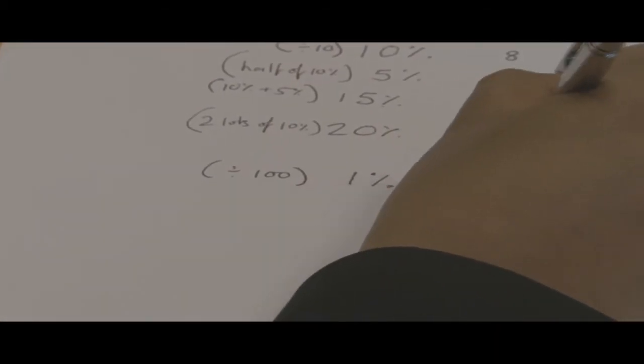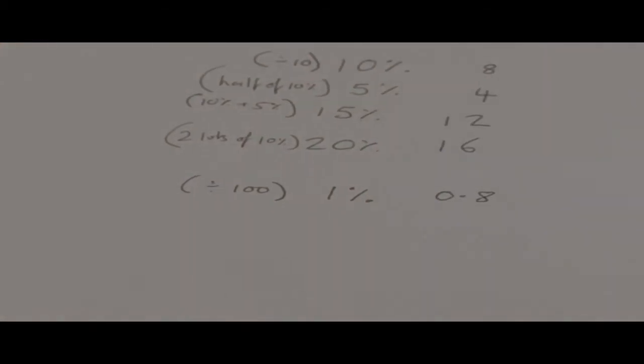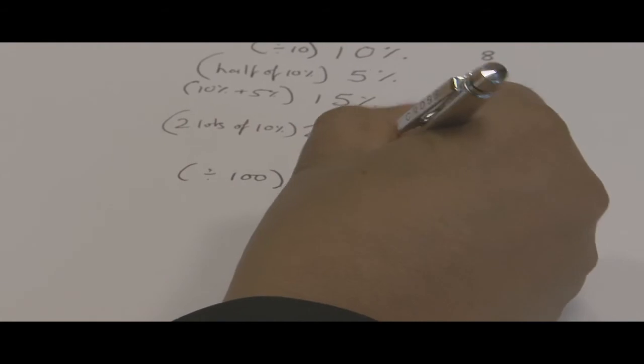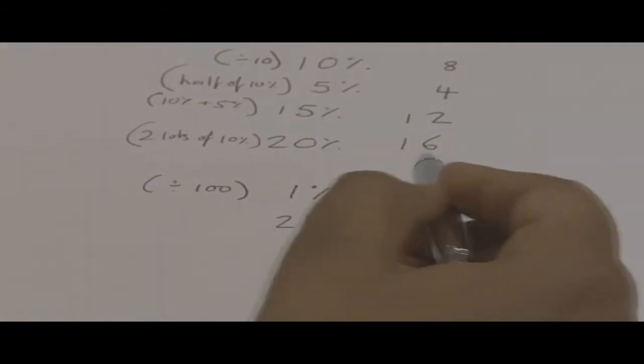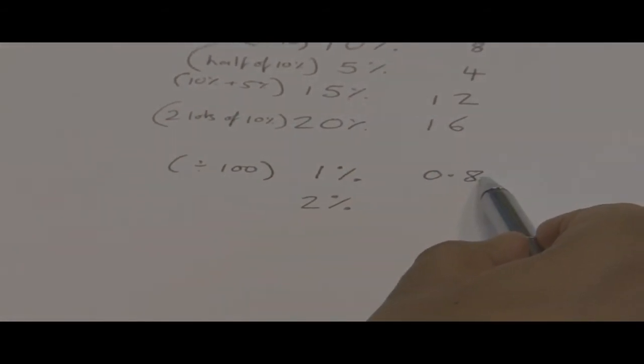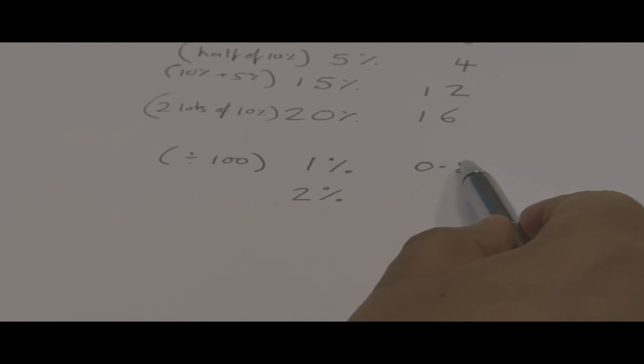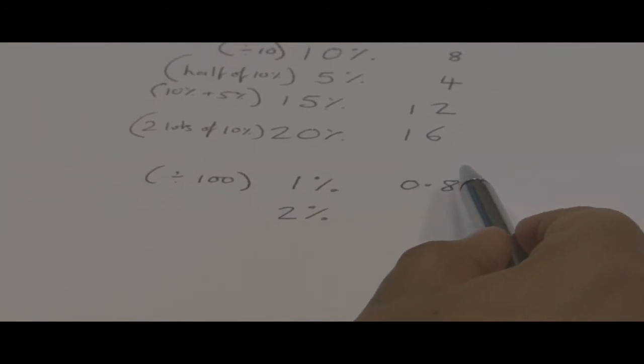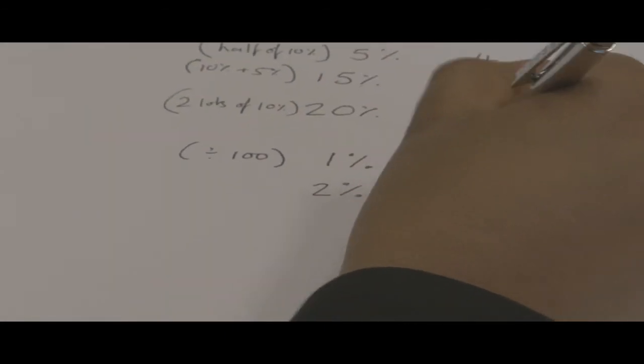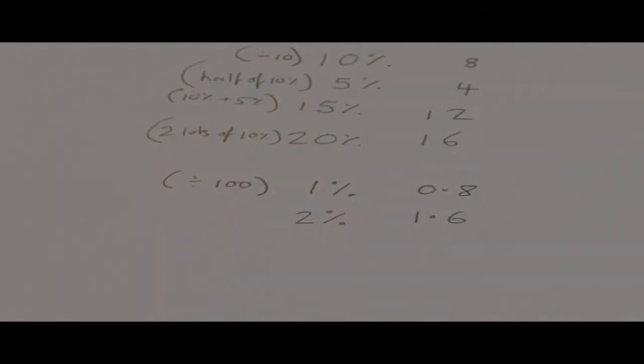Okay. So 1% is 0.8. And then we can use this to work out, say, 2%. Well, it's just going to be 2 lots of 0.8, which is going to be 0.8 add 0.8, which is going to be 1.6.